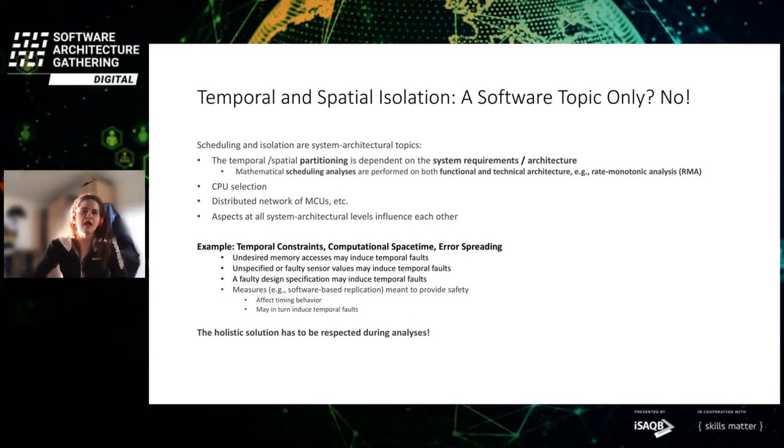And I have to select the CPU. I have to think about a distributed system design. And I also have to take into account that these topics influence each other. So just to give one example, if I decide for a functional safety system that it might be beneficial to have redundant execution of my code, because computation could be corrupted by a hardware fault or by a faulty algorithm, for example.